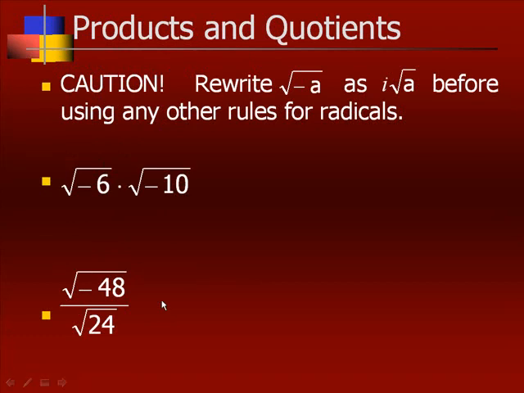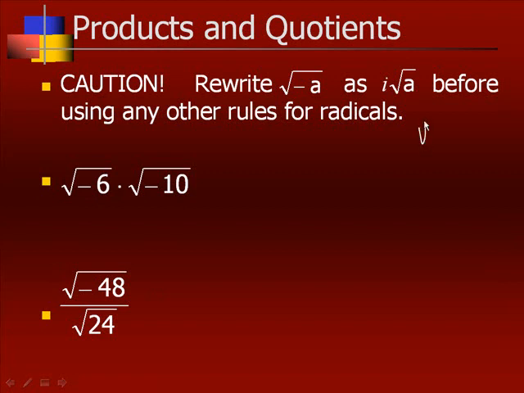Now, be careful. When you are doing product rules and quotient rules, you need to rewrite the square root of negative a as i square root of a before using any other rules.